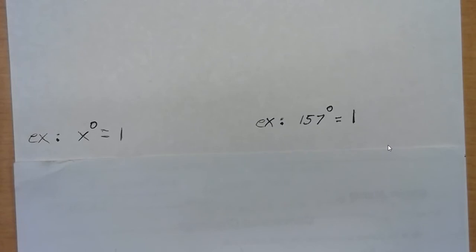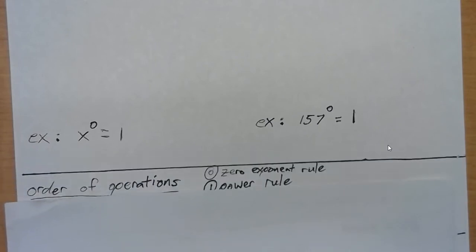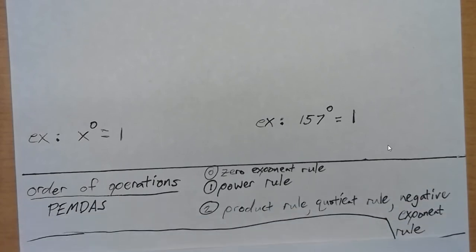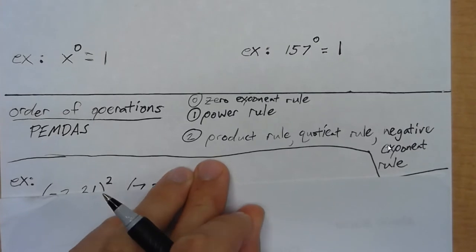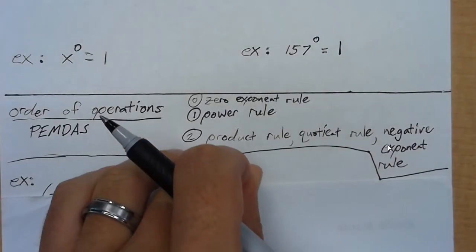Okay, so those are the 5 basic rules of exponents. But let's talk about what happens when we have a big problem to deal with, with multiple steps going on. Well, when we have multiple components going on, we have to follow order of operations. And the way that works with these exponents is the following.